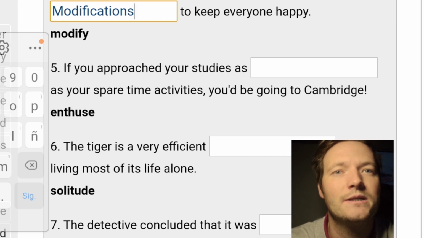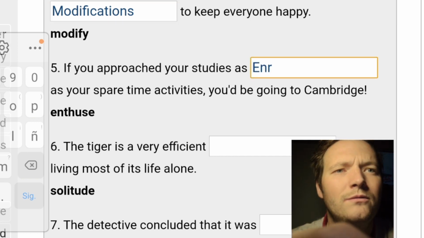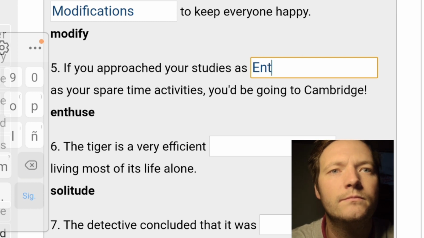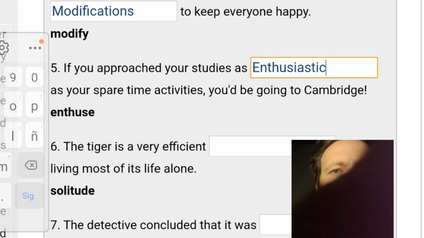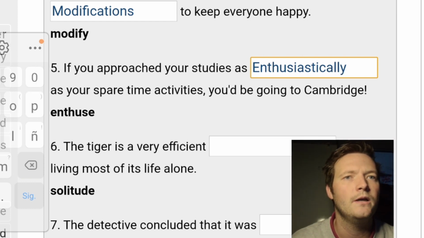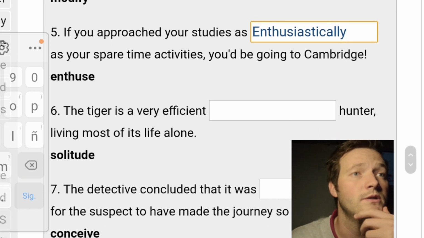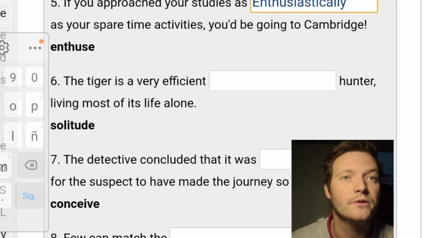If you approach your studies as enthusiastically as your spare time activities, you'd be going to Cambridge. Yeah, God, you need to be more enthusiastic about your studies.